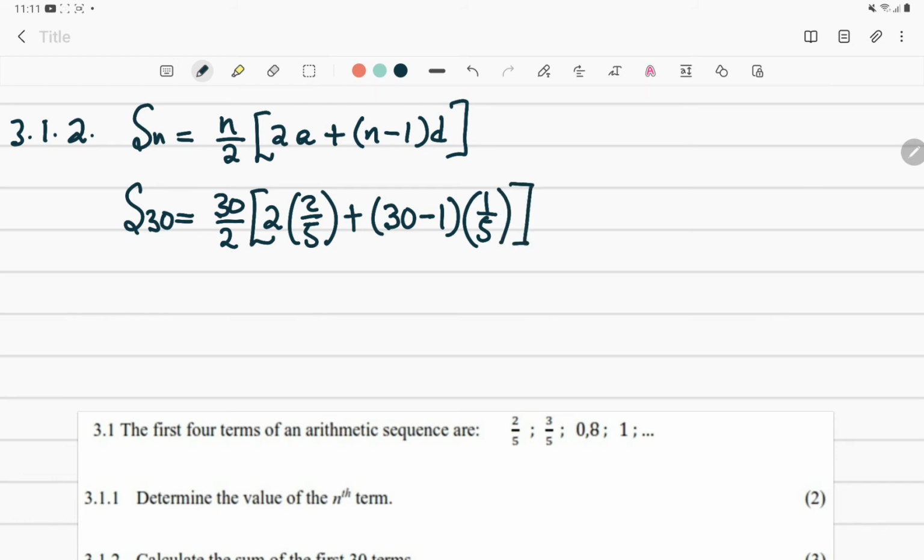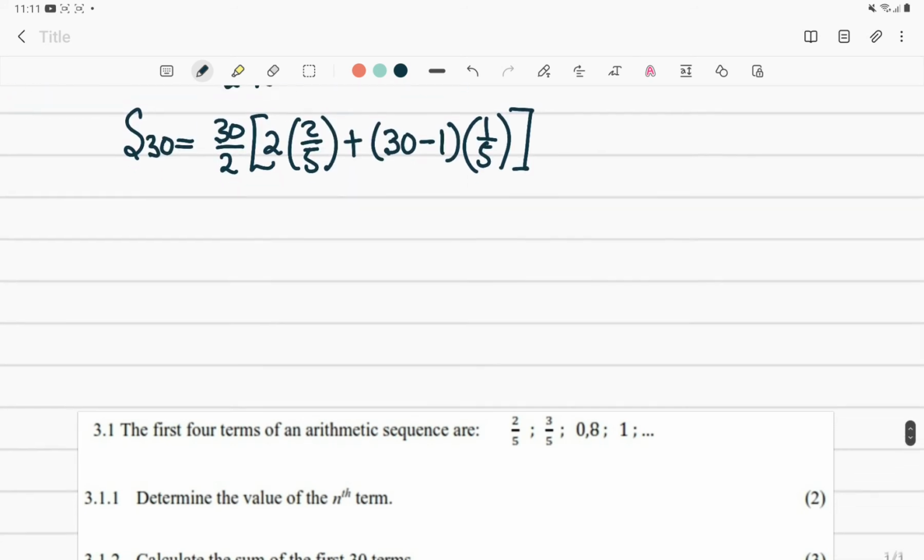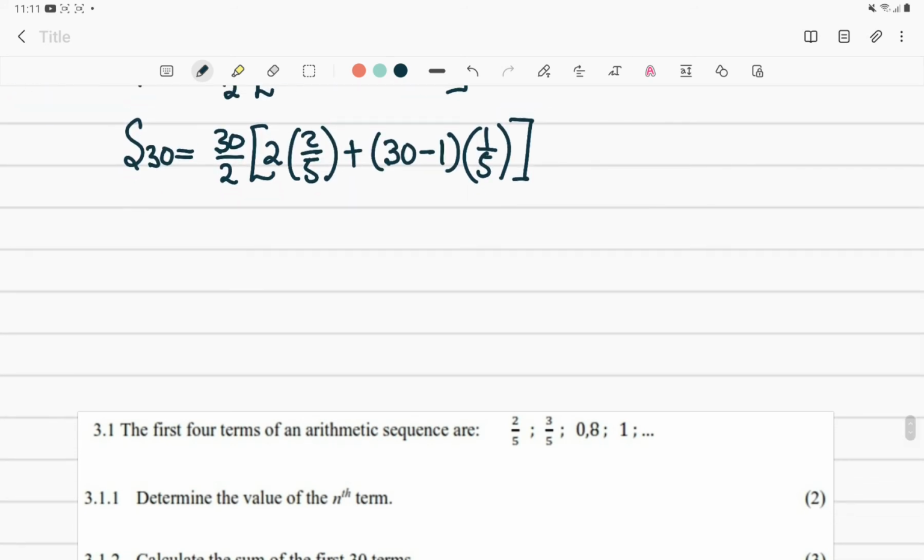So use your calculator there, and using your calculator you'll get the correct answer. The answer there tends to be 99. So S of 30 will be 99. The sum of 30 terms will be 99.